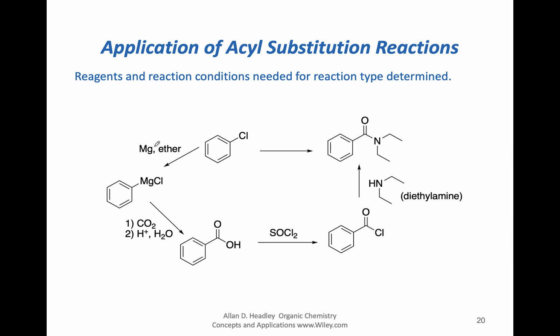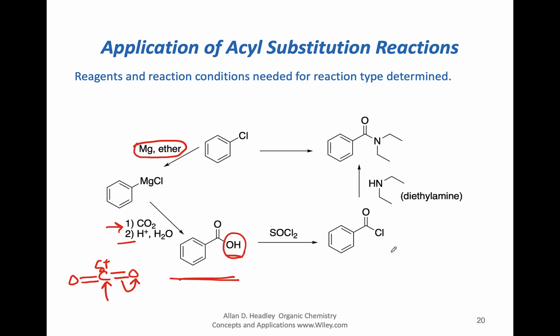To create the Grignard, of course, as we said, you need magnesium and ether as your solvent. To get the carboxylic acid, you react it with carbon dioxide. Remember, carbon dioxide is this, where this carbon here is positive. So the Grignard will react right here and, of course, kicking out those electrons to form the carboxylic acid after hydrolysis. Here's your carboxylic acid. This is a poor leaving group.